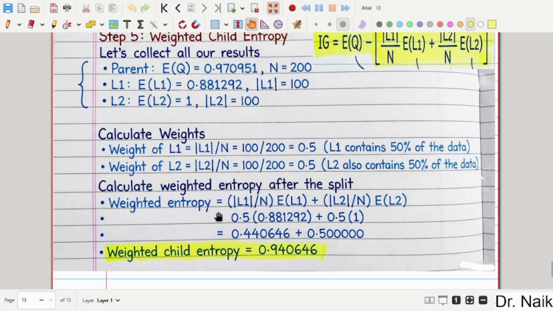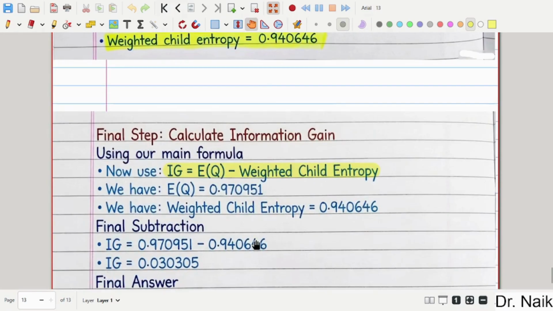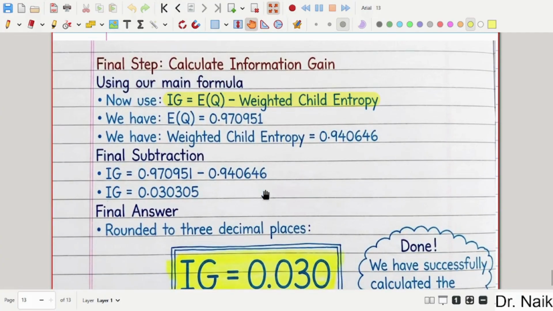So the weighted entropy is 0.5 multiplied by the entropy of L1, 0.881292, plus 0.5 multiplied by the entropy of L2, which is 1. So it becomes 0.440646 plus 0.50000. After addition it becomes 0.940640. So weighted child entropy is 0.940640. Now calculate the information gain.